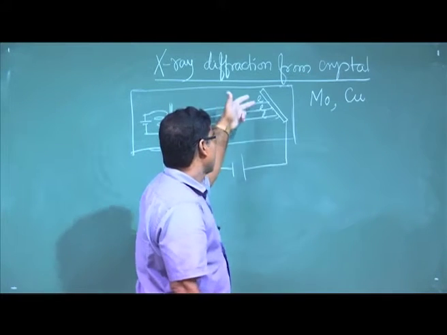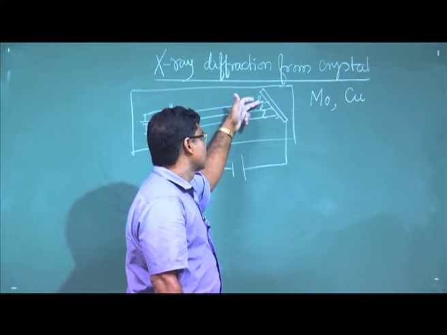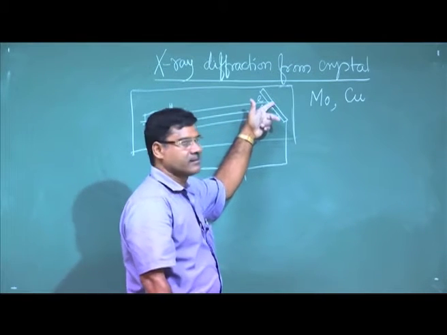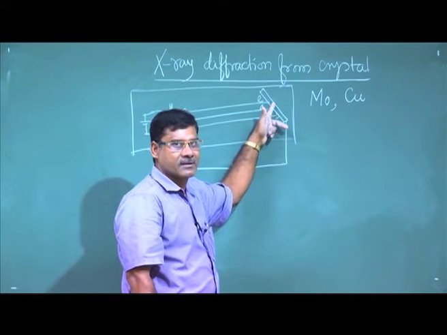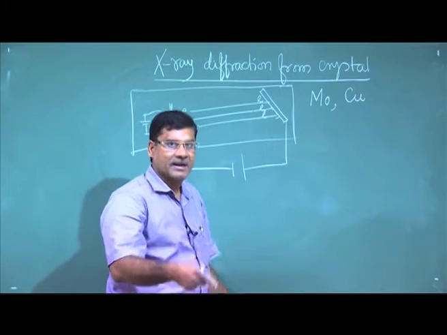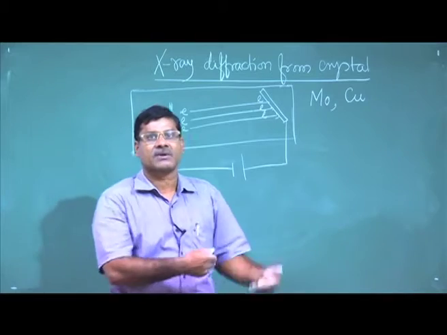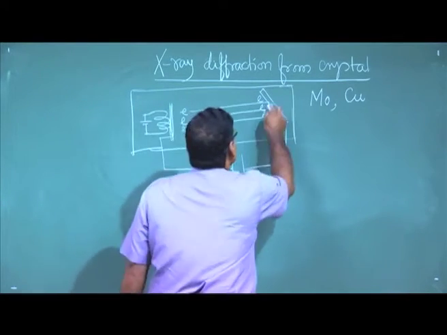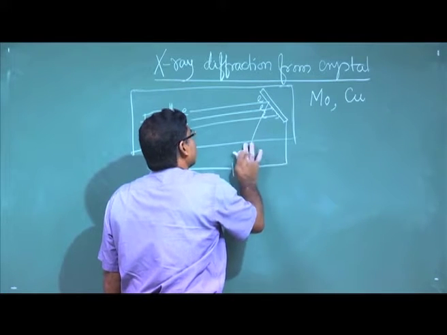So, when this charged particle penetrates the target anode, okay, it will be decelerated, it will lose energy and that energy will come out as electromagnetic radiation, okay.